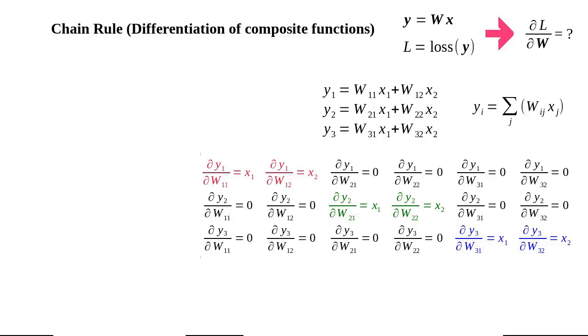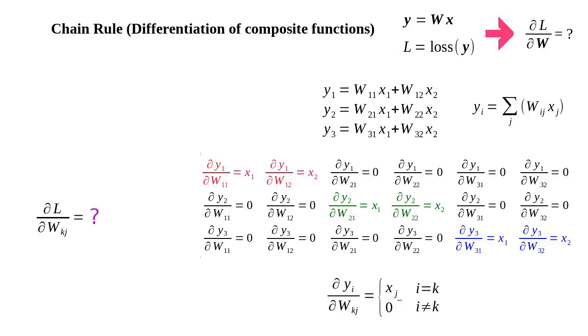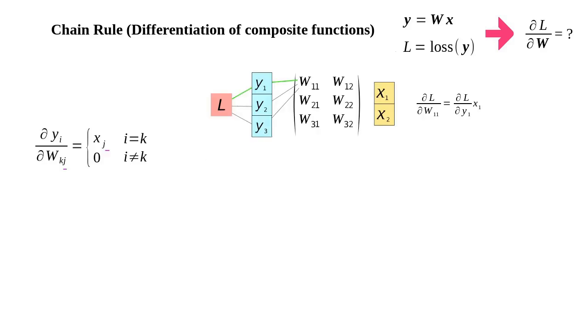With 3 elements in Y and 6 elements in W, there are a total of 18 combinations between Y and W. The formula presented here summarizes these combinations. To simplify the concept without using complex math symbols and nested summations, refer to the figures on the right.